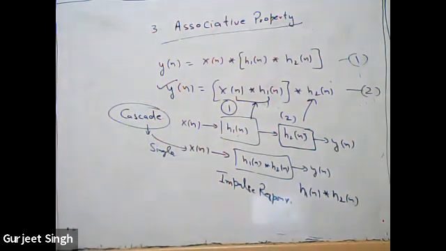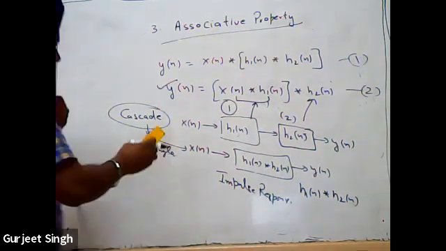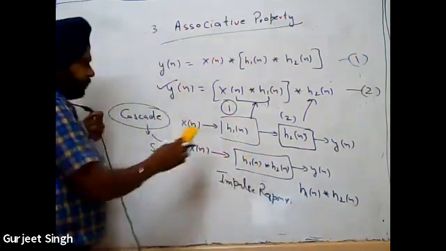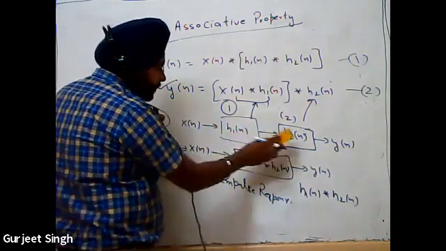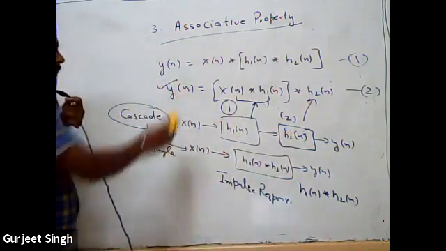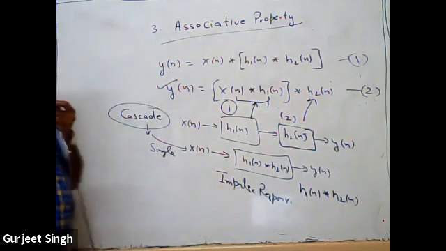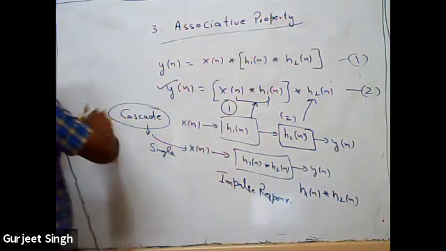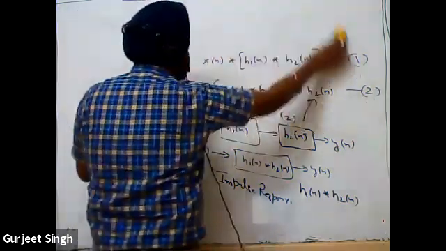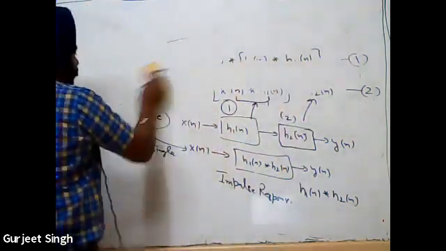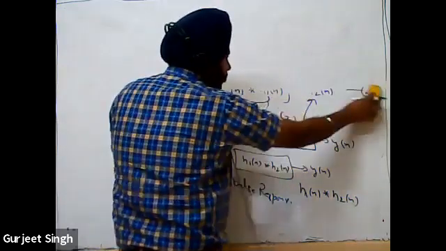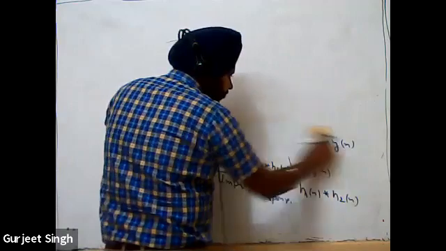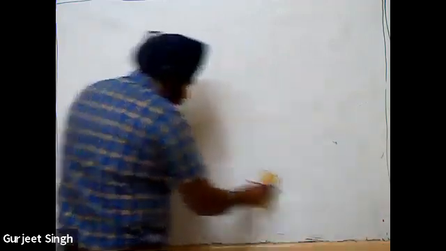We are replacing the two systems by a single system, but its impulse response must be the convolution of the first impulse response and the second impulse response. Then these two equations are equal according to the associative property. So this is the third property, the associative property. We have learned three properties: first commutative, second distributive, third associative.